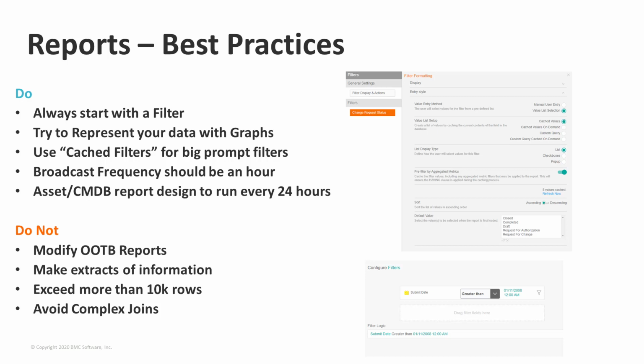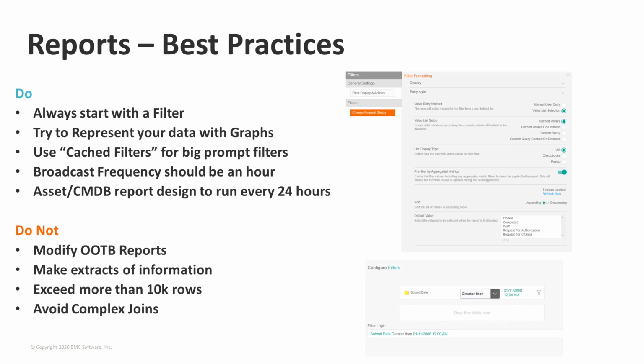And for asset or CMDB reports, you should be designing the reports in such a way that they run every 24 hours, because the CMDB jobs are resource intensive. Everyone sees the cached copy of CMDB reports whether you access the report at 12:10 a.m. or before that. So this mostly works for CMDB data, since it doesn't change significantly after the existing jobs are processed.